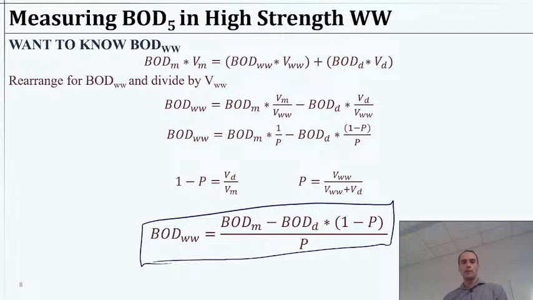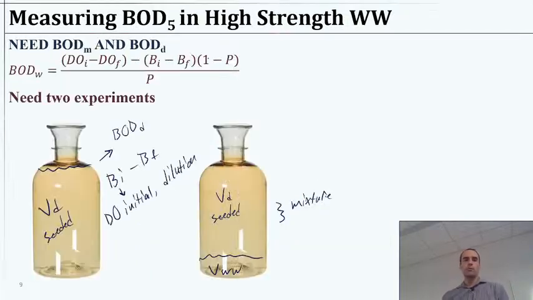We are perhaps confusing it a tiny bit by defining a separate term for the dissolved oxygen in the dilution vial. BF would be the DO final in the dilution bottle.